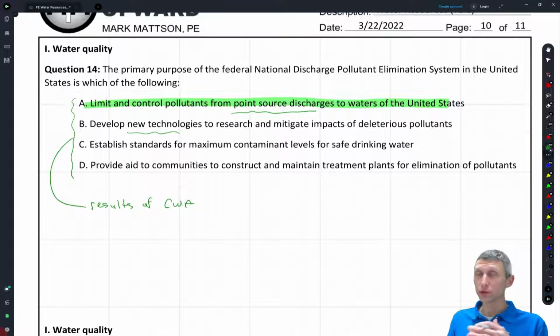That's looking to mitigate some of those problems. But new technologies, standards for contaminant levels, helping communities construct treatment plants, and even now you see the federal government reaching in to help communities replace water lines, especially lead-tainted ones. So the Clean Water Act covers a lot of things for water quality, but specifically here, we're looking to control pollutants from point source discharges for the NPDES system.